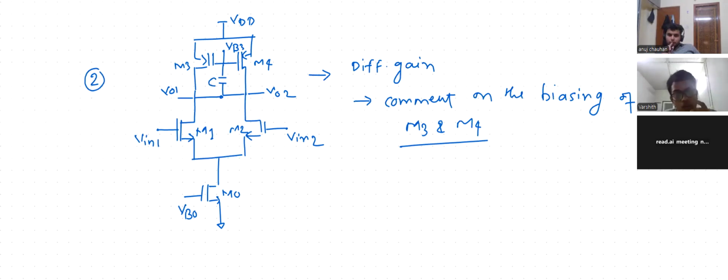During differential analysis, can we short that capacitor? What will you short? The capacitor C during finding the gain. I want to see the effect of the cap also. I want the differential gain with frequency also. First you calculate the DC gain, then you can see the effect of that cap also.